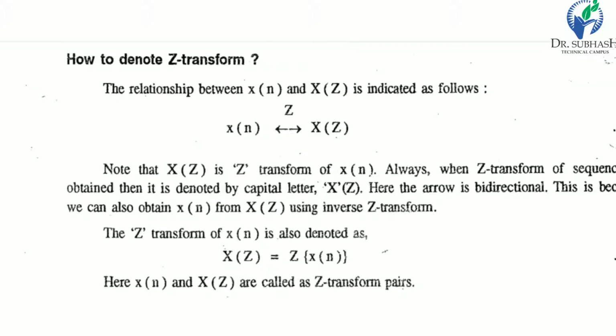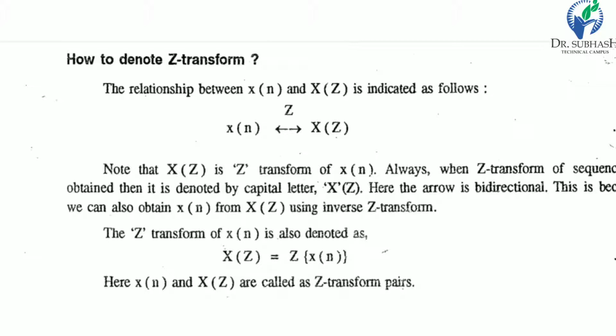When Z transform of a sequence is obtained, it is denoted by capital letter X of z. Hence the arrow is bidirectional. This is because we can also obtain x of n from x of z using inverse Z transform.